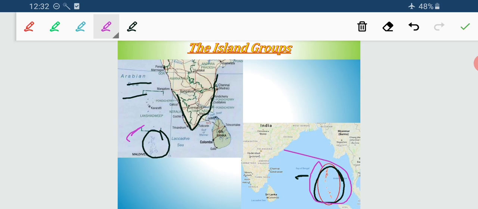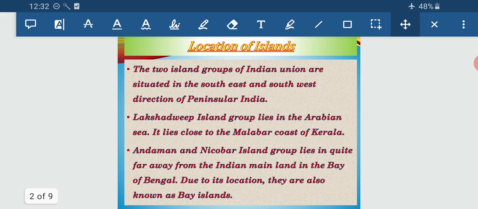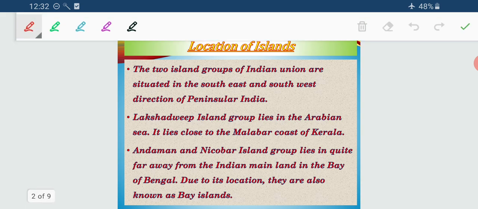Let us move to the next part of the slide, that is the features of the location of the islands. The two island groups of the Indian Union are situated in the southwest and the southeast of peninsular India.